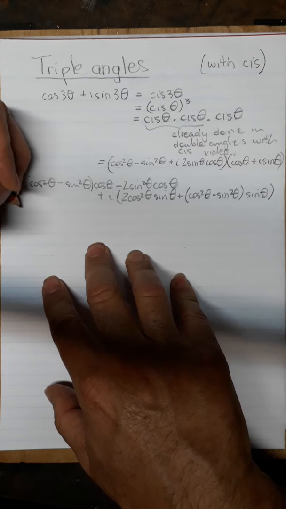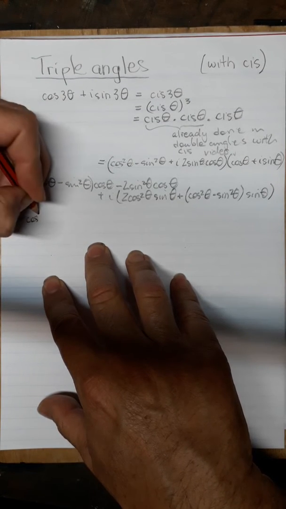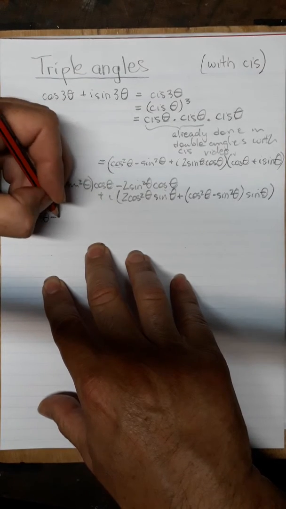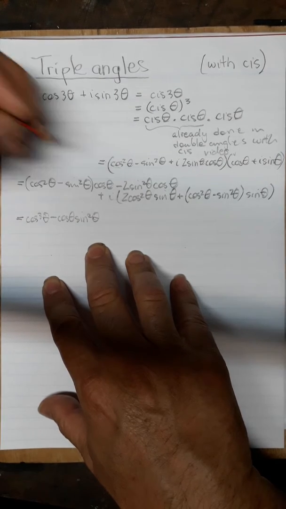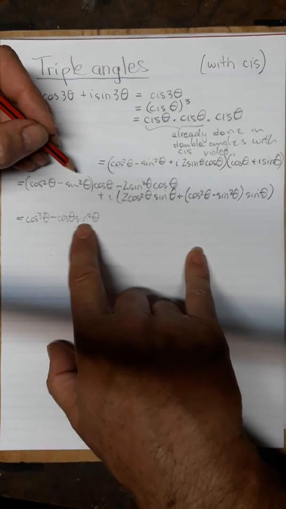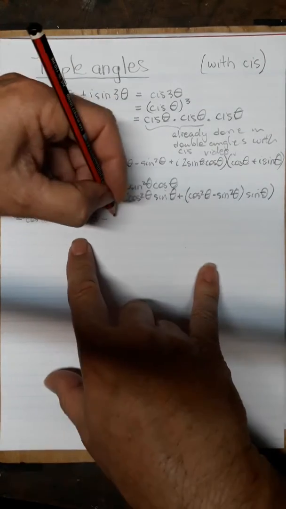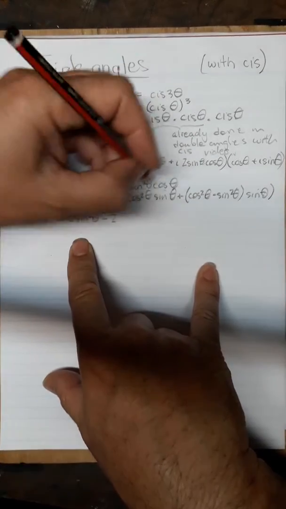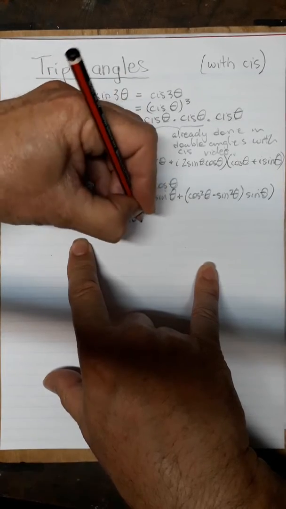So we'll end up with cos cubed theta minus cos theta sine squared theta. I'm keeping the cos on the left hand side so that we may see some patterns. And then minus 2 cos theta sine squared theta.